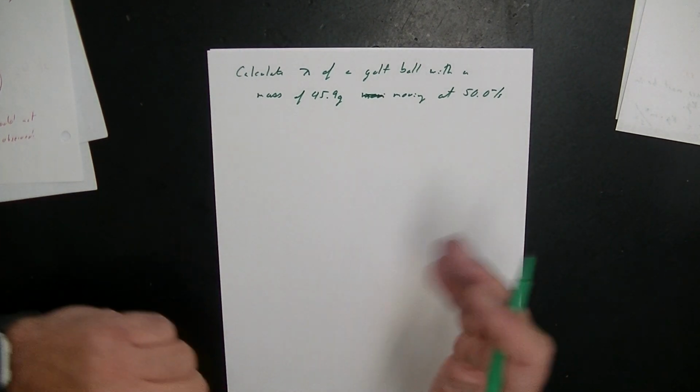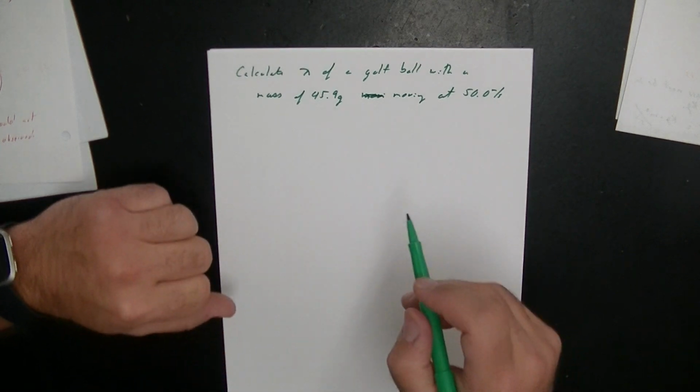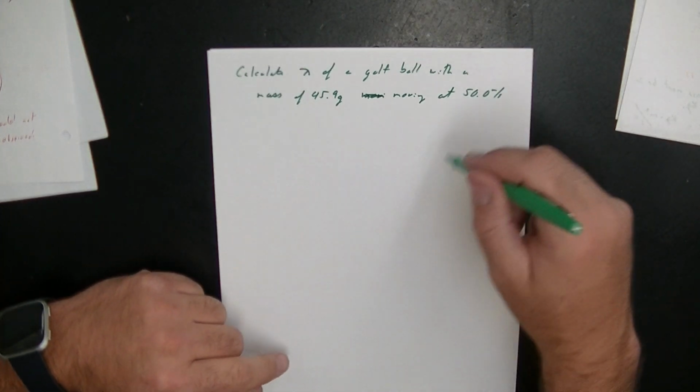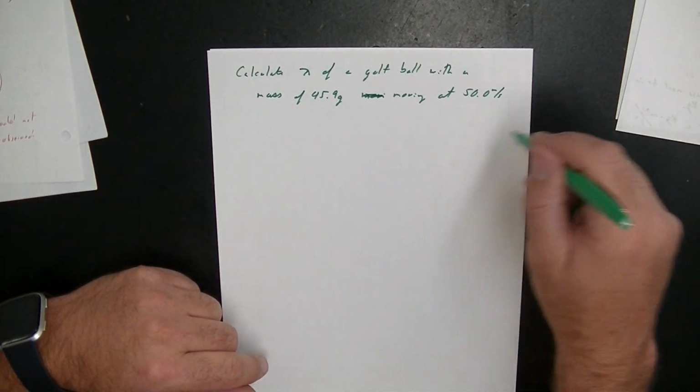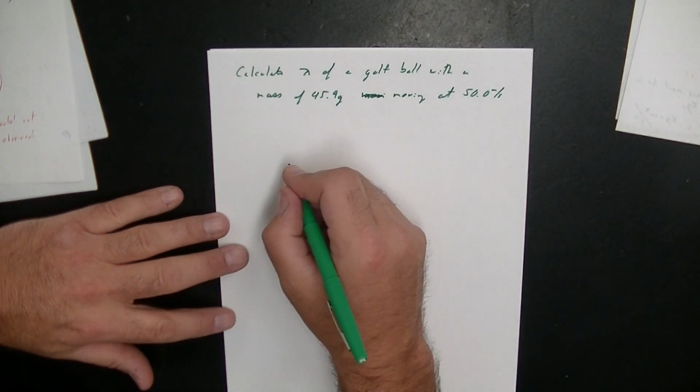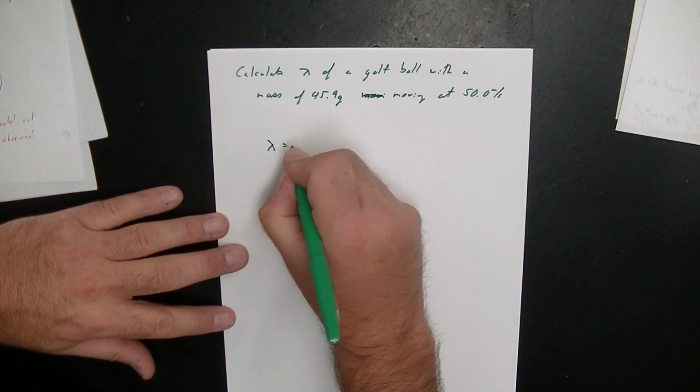So I hit a golf ball. It actually is going to have a wave-like motion, so we can calculate its wavelength.